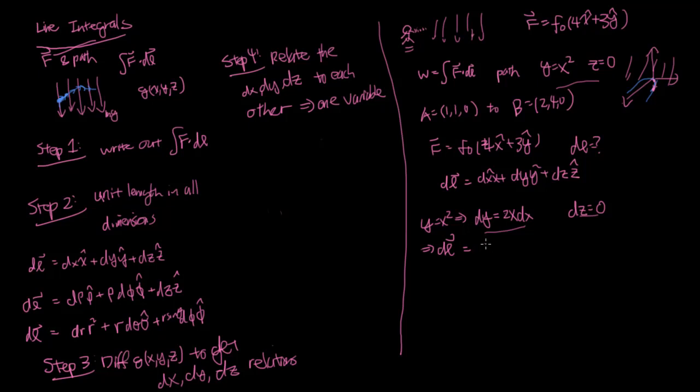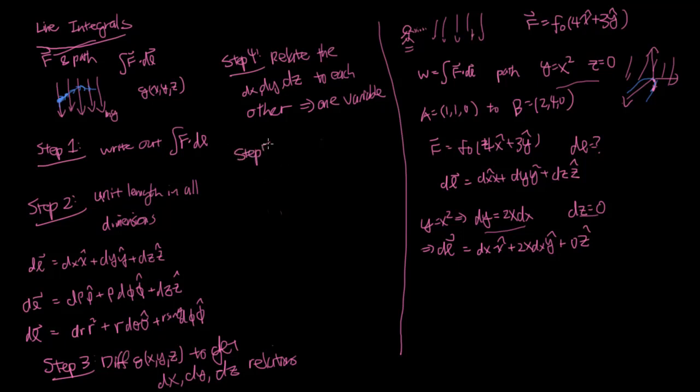Your new dl is going to be equal to dx x hat plus 2x dx y hat plus 0 z hat. Now when I plug this into my f·dl, the only differential left for me to integrate is x. That's what we're shooting for.